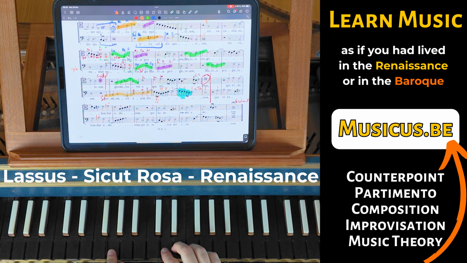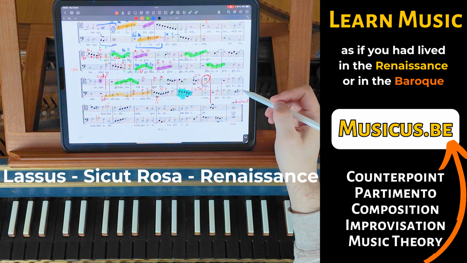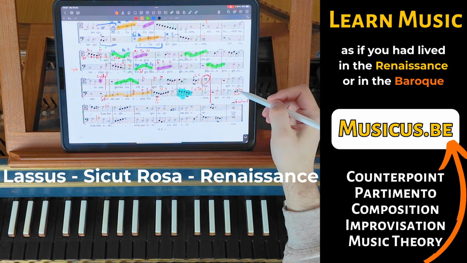Qui vitalem dat odorem. So what's the meaning of this sharp? Because it's very interesting. The meaning can be something arriving from the words. Maria progeniem germinavit enim florem, qui vitalem dat odorem.